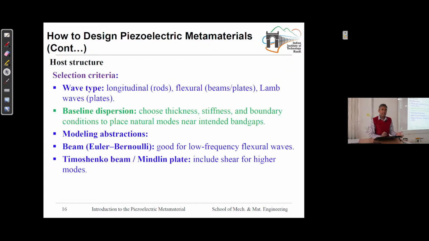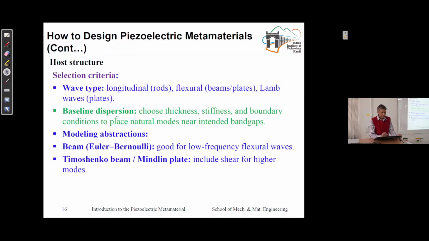Then the host structure depends on wave type. If you have longitudinal wave, then we can use rod. If we have flexural wave, then we can use beam or plate. If we have Lamb wave, then we can use plates again. Of course, sometimes we can also use shell.